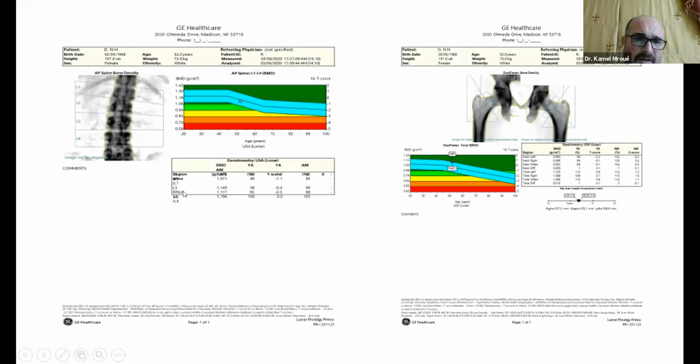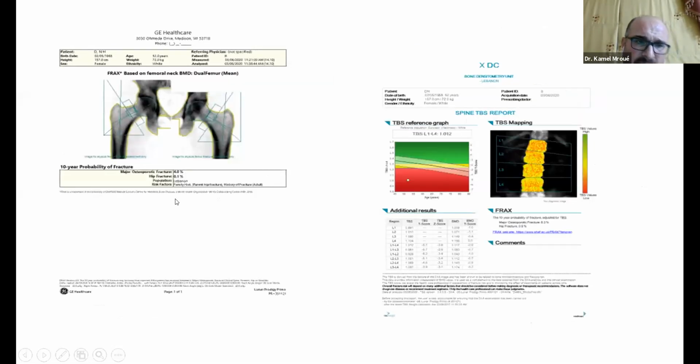Another case, here we have a 52-year-old lady whose lumbar spine T-score was around -0.5, and her hip neck T-score was 0.2. This patient had a FRAX of only 4% for major osteoporotic fracture risk.